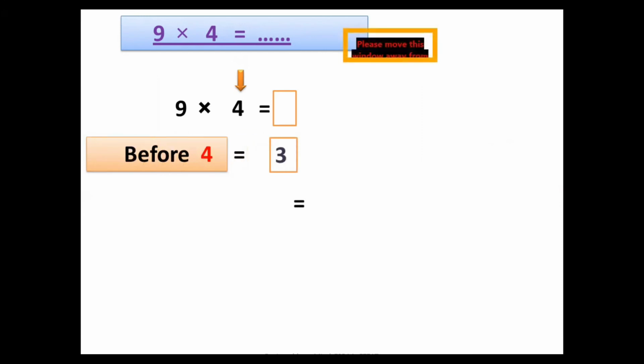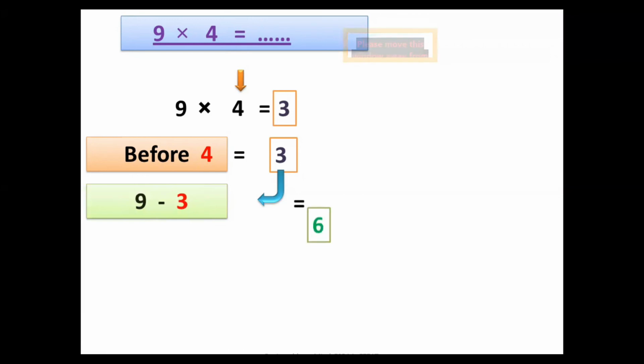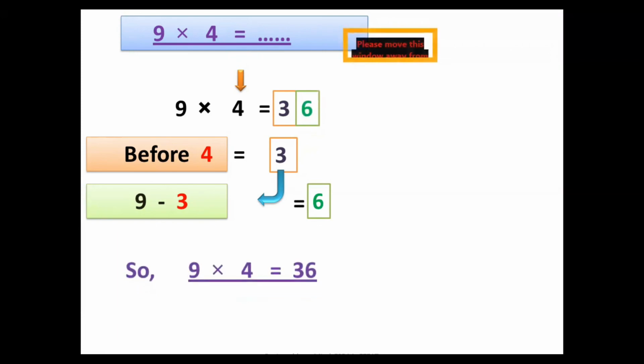Then we write number 3 in the tens digit of the product, and to get the ones digit, we subtract this 3 from 9 to get 6. 9 minus 3 is equal to 6. So we write number 6 in the ones digit of the product to get 36. So the product of 9 by 4 is equal to 36.